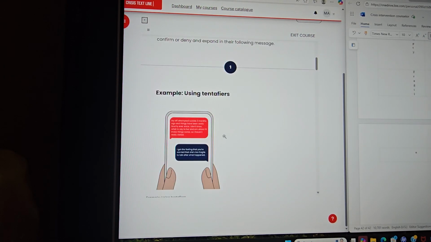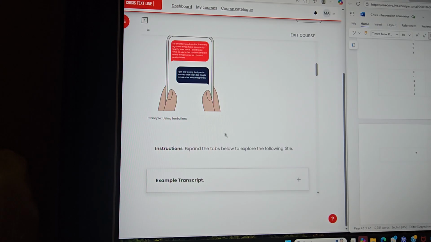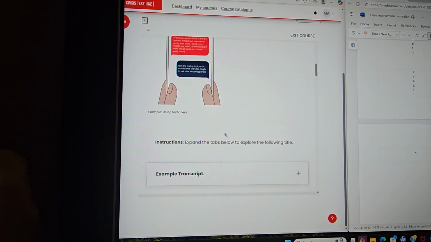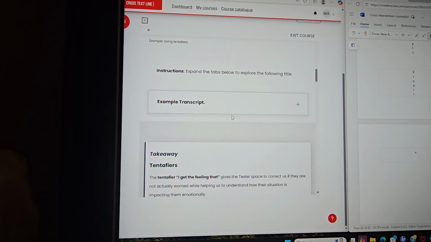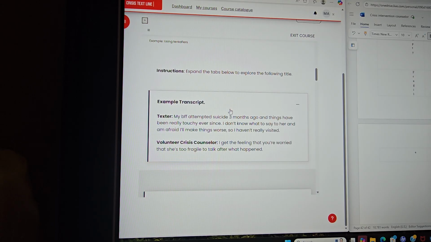Example, using tentatifiers. Example transcript.